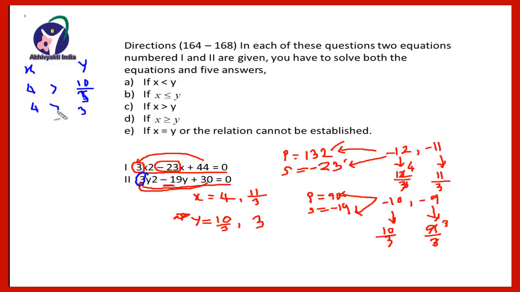So 4 is greater than 3. Another value of x is 11 by 3 and y is 10 by 3. So 11 is greater than 10. And next is x is 11 by 3 and y is 3. So 11 by 3 is greater than 3, and therefore x is greater than y, and therefore option C is correct.